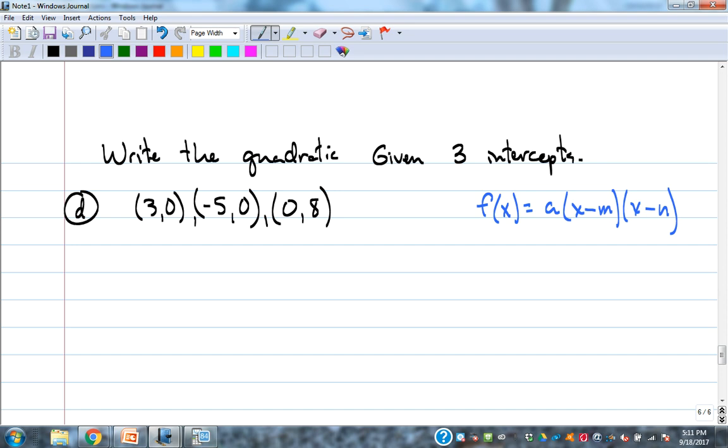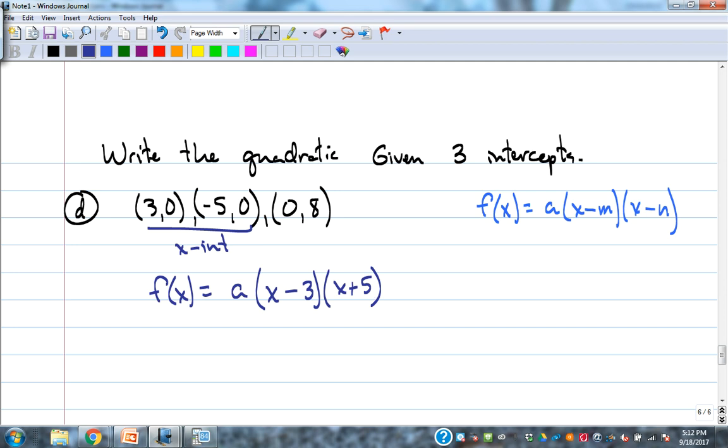Okay. So here we're going to start in intercept form because those two are X intercepts. That's the reason we're going to start with intercept form. We're going to get the other two forms, maybe, or at least standard form from there. Okay. Now, because those are X intercepts, I've got f(x) equals, I don't know what a is, but I do know that that would be (x - 3)(x + 5).